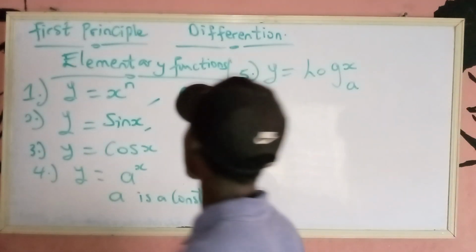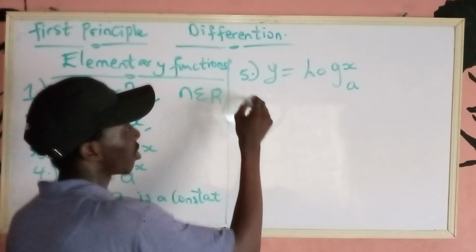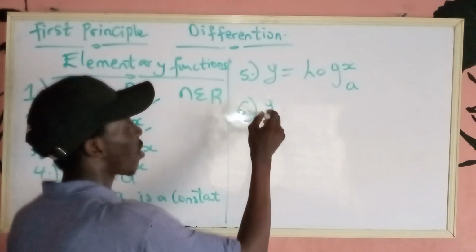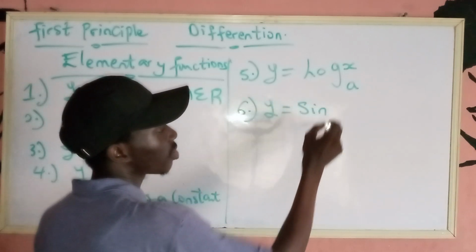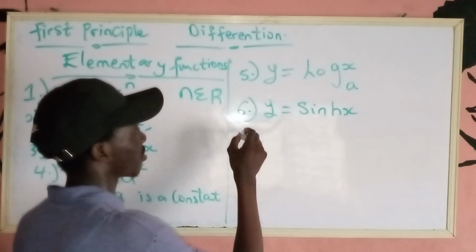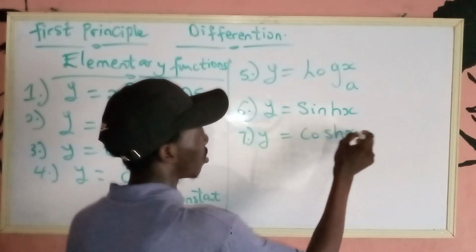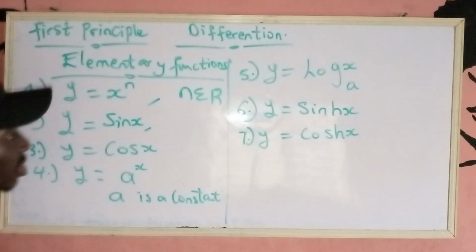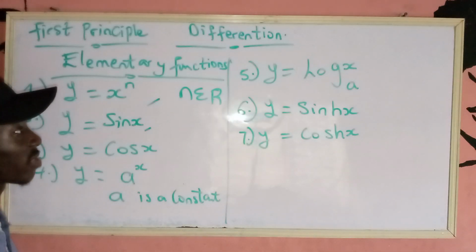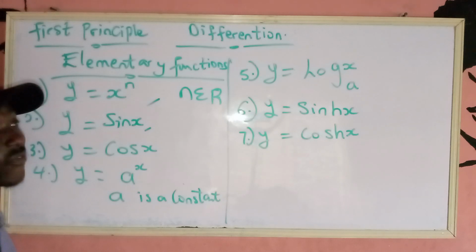Though we also have other tools that are basic like this, for example the hyperbolic functions, such as sinh x and y is equal to cosh x. So these are the basic functions that are mostly useful. When you know them, you can differentiate other functions.